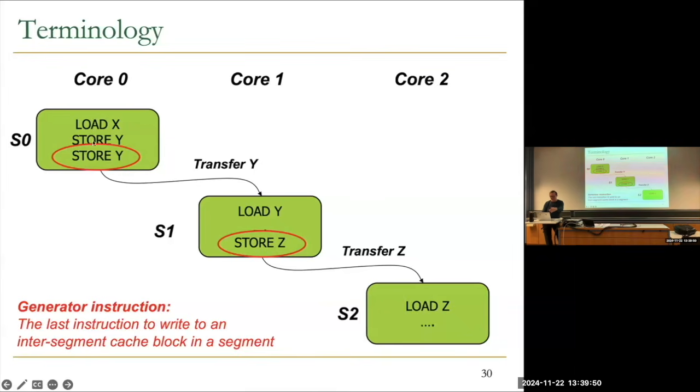So in this case, it happens that these are also the last instructions, but it could be somewhere in the middle. Yeah, that's right, exactly. We're going to identify these generator instructions, and you can identify these through data flow analysis in a compiler. Maybe this figure should be nicer so that the generator instruction is not the last instruction.